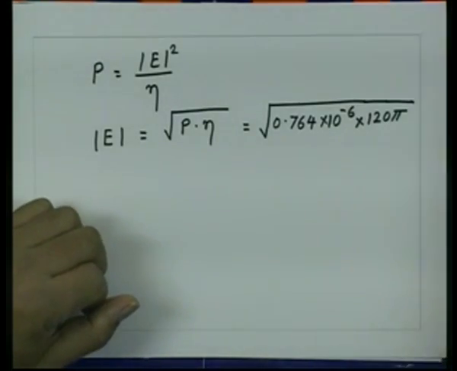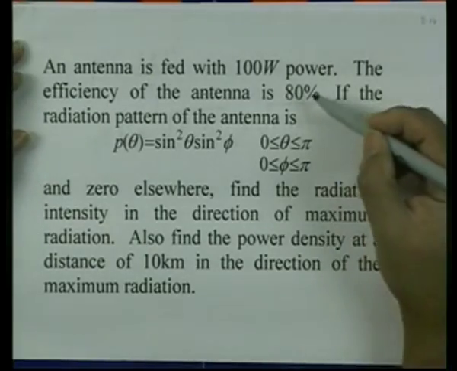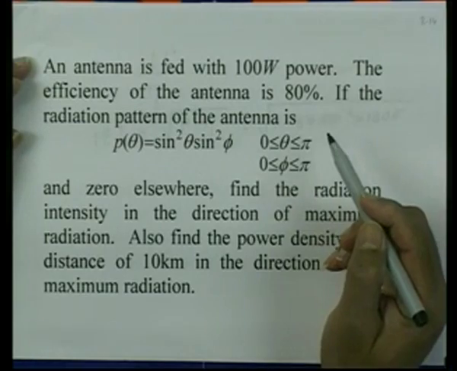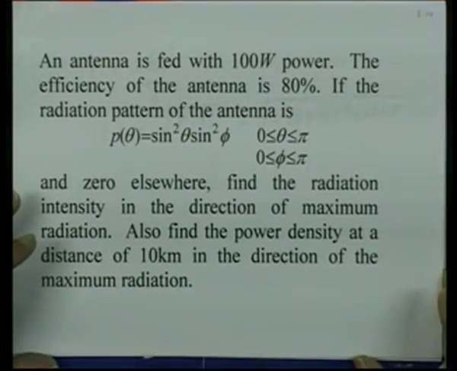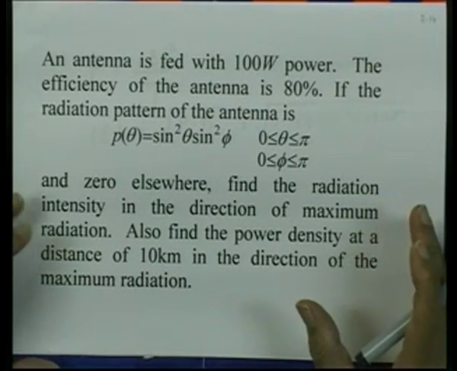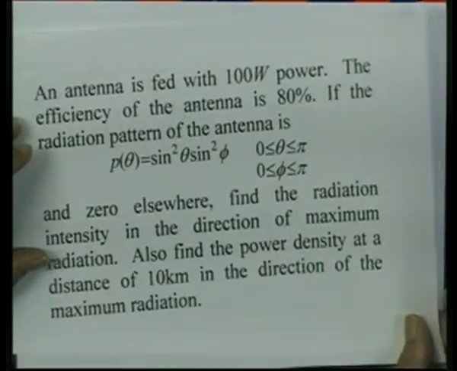So, see in this problem what is given: the total input power is given, the efficiency of the antenna is given, the power radiation pattern is given, and we are asked to find out the maximum radiation intensity, the maximum power density at a distance of 10 kilometer, and also the maximum electric field.